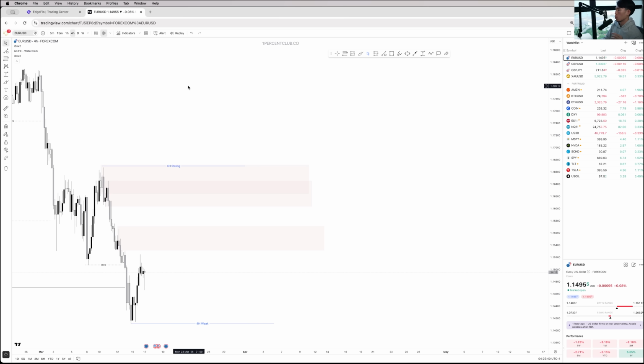So, with that said, are there things we can do to increase the probability of price actually respecting a point of interest, to increase the chances of the trade idea actually working out?